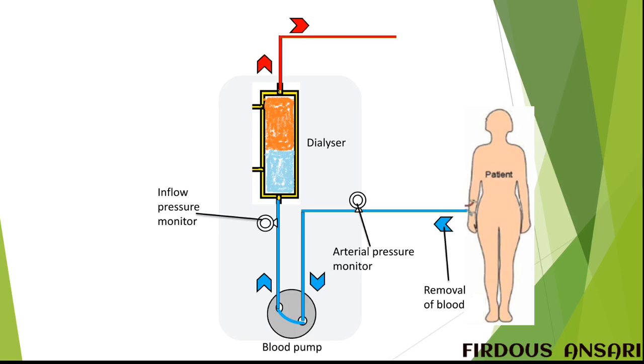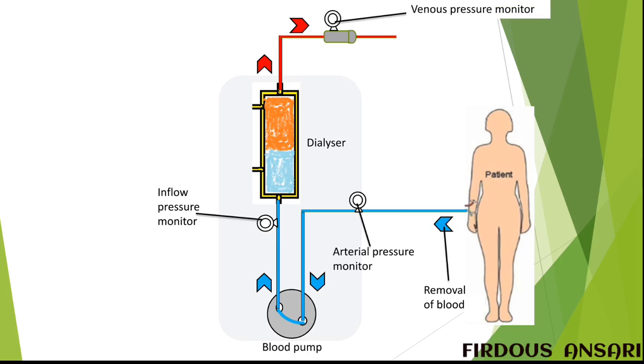Next, you can see in this dialyzer what will happen. Impure blood is converted into pure blood, means purification of blood takes place by diffusion with the help of the semi-permeable membranes available in this dialysis machine. The red line you can see is for pure blood. We need to move it inside the patient's body, and before moving it we need to maintain the pressure again.